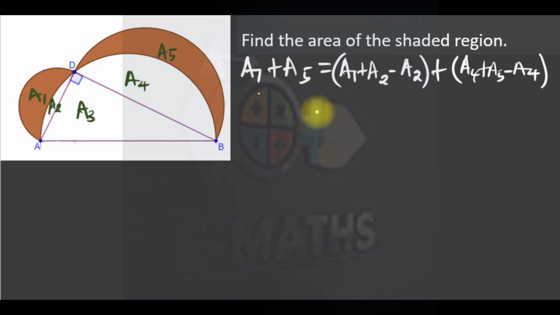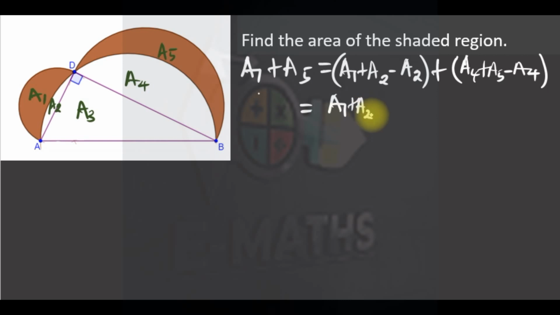Yes. And looking at it, A1 plus A2 is the area of the semicircle, while A5 plus A4 is the area of that. Okay, let's do it this way.